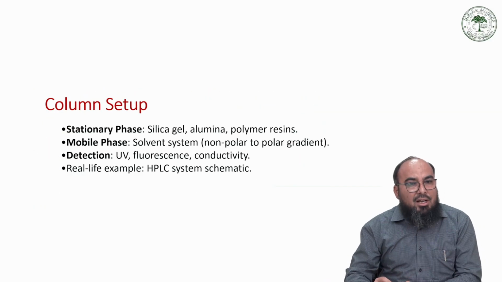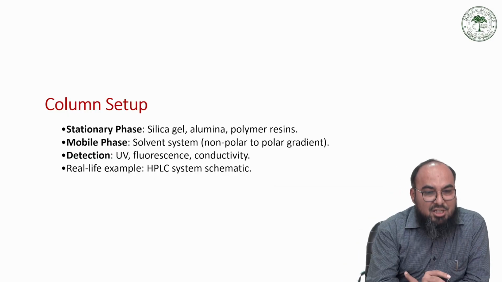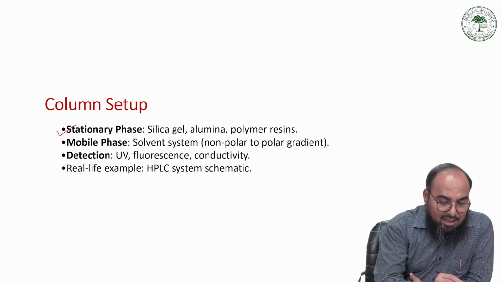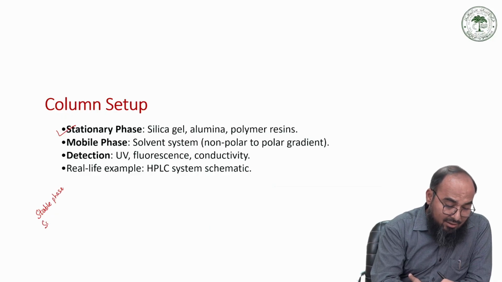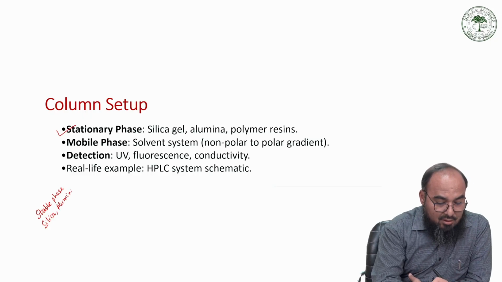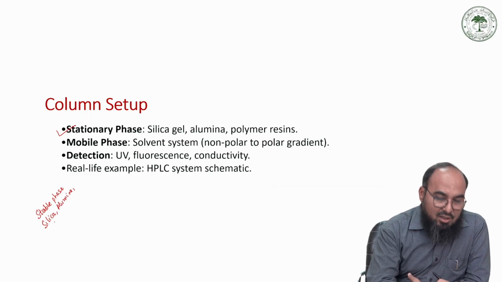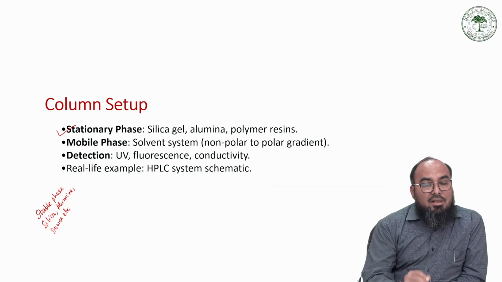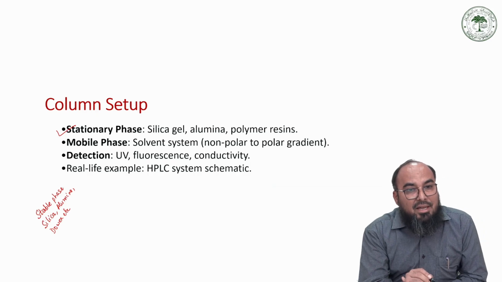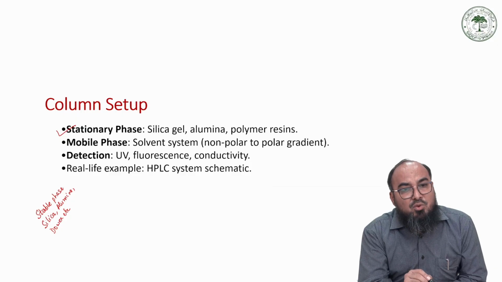Okay, now moving forward, how are we going to build up the setup? Initially we need a stationary phase, that is a stable phase. Generally we use silica, alumina, sometimes some resins like Dowex, etc. These stationary phases are chosen on the basis of the type of compound which is to be separated into its constituents.